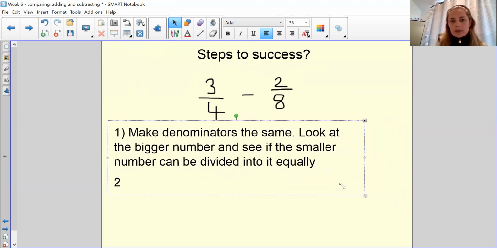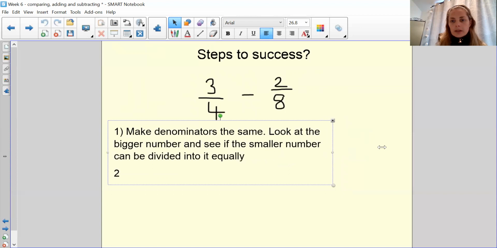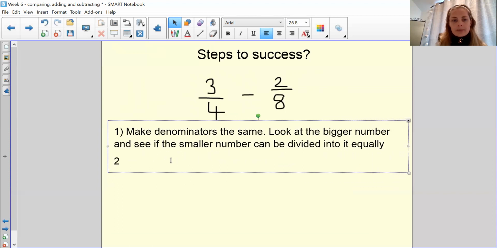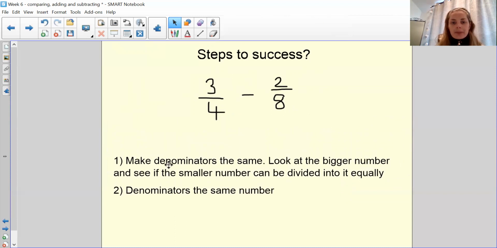Just make this a little bit smaller because otherwise we are gonna run out of space. Right, step number 2 is then, if I can make it, I'm going to make the denominators the same number. So in this case, I'm going to make it as 8.